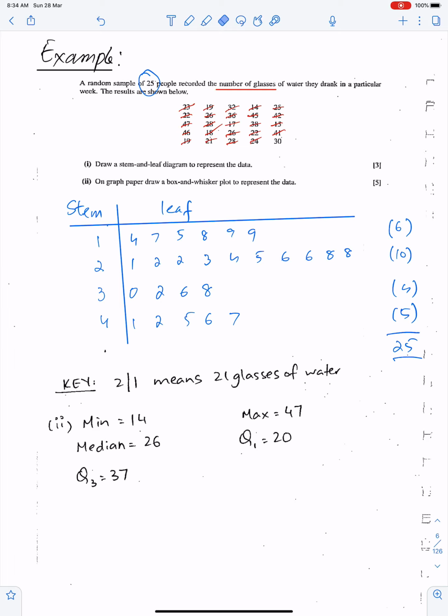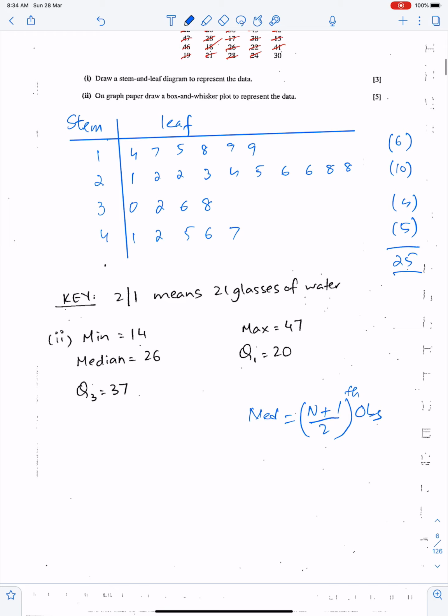So for median, we use this formula. I'm just writing the formulas here. Make sure you have watched my first lecture on this chapter. This is the formula for median, whether n is even or odd. You should use this formula; the same formula is used for both.